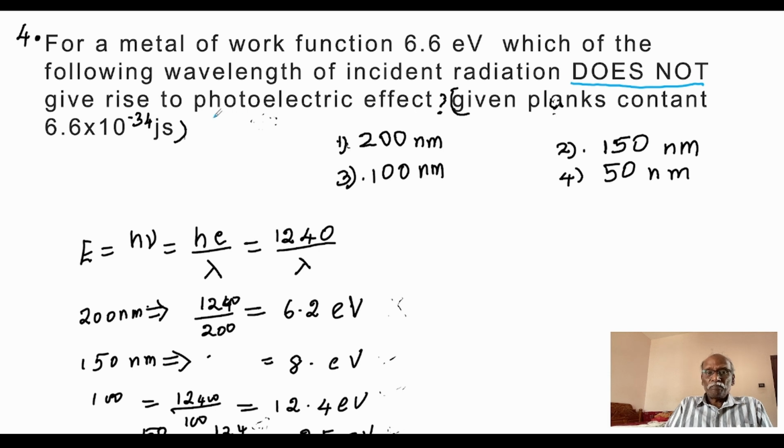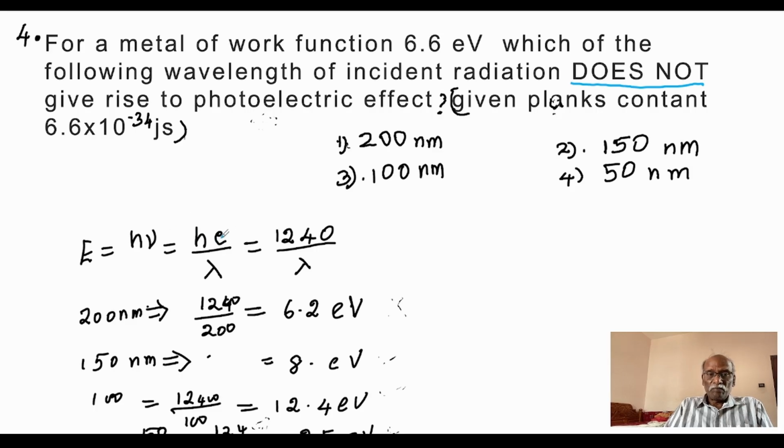For that, we find out the energy of these wavelengths. Energy is equal to h nu, where h is the constant and nu is the frequency. Frequency can be written as c by lambda. So hc by lambda is the formula for the energy of a radiation.